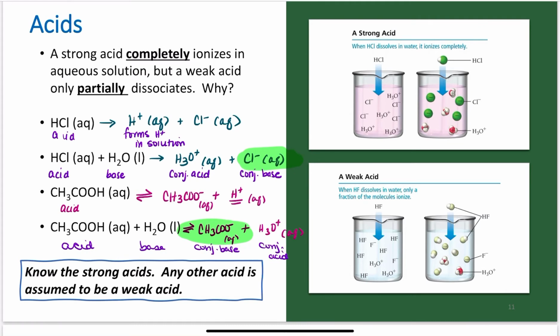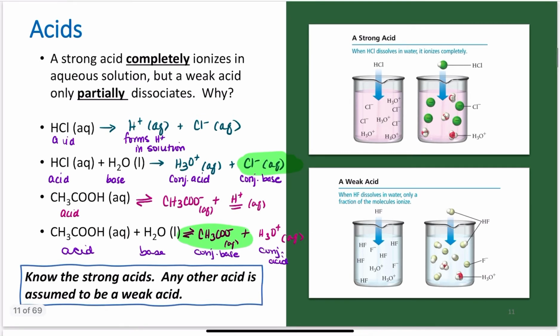Acetate is still fine accepting the proton. It depends on the pH and on how many protons there are in solution. If there's a lot of protons around, yeah, it'll take one. But it wants to make sure that everyone has its fill first. It's all about stability. We're going to talk about this more at the end of the chapter. But the strength of acids comes from the stability of their conjugate base. And the more stable that conjugate base, the more likely it is to give up that proton.